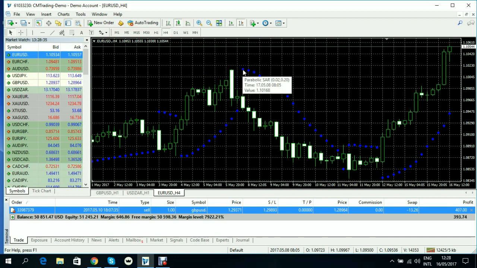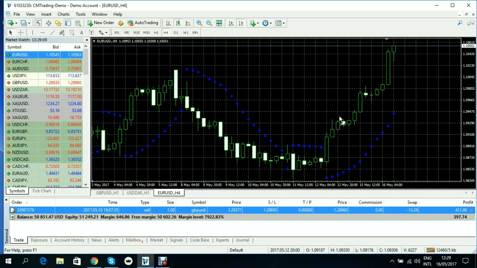So you either take your profit immediately the first dot appears, or the second, or the third. But latest by the third dot, you should take this buy profit. Then you enter a new trade for the sell.